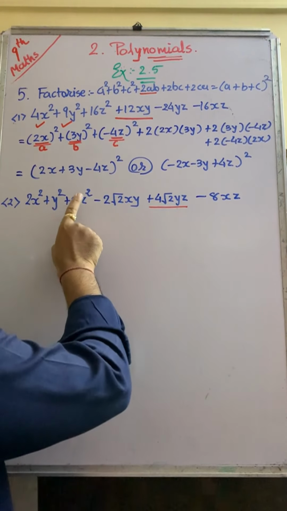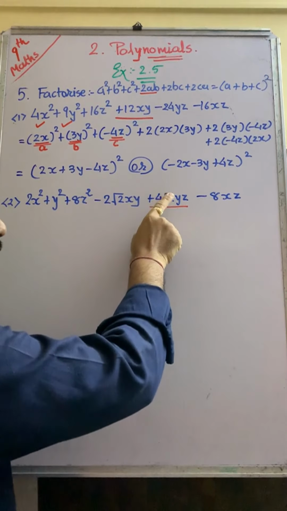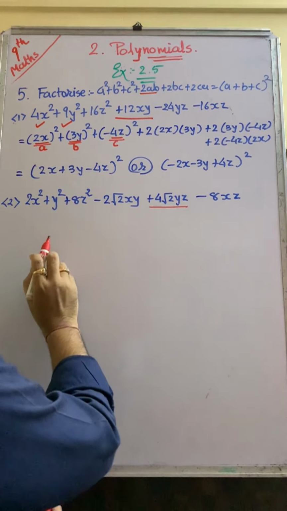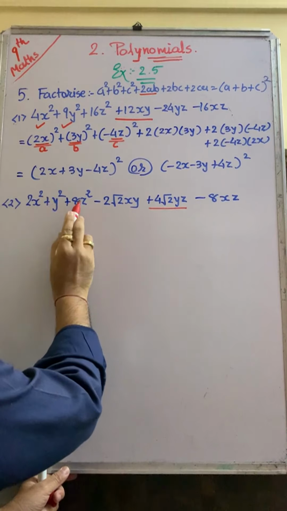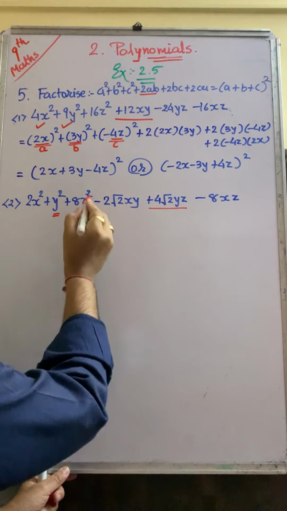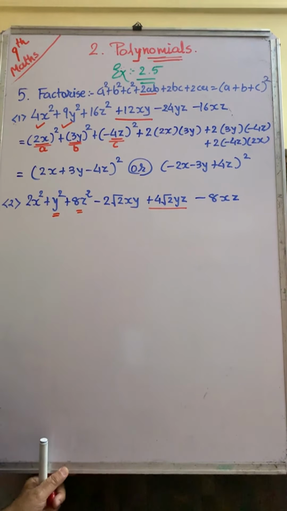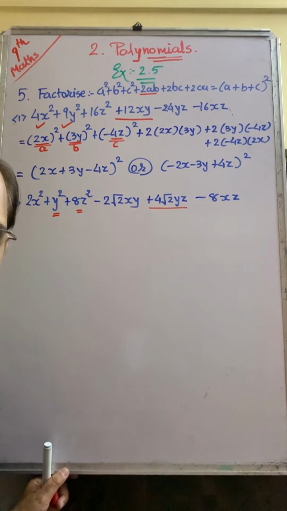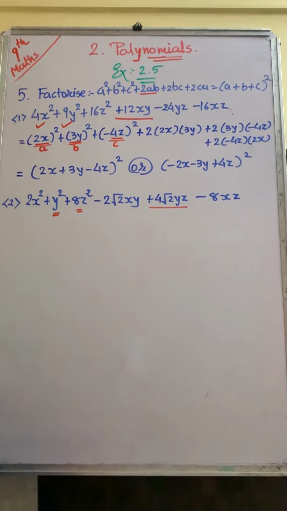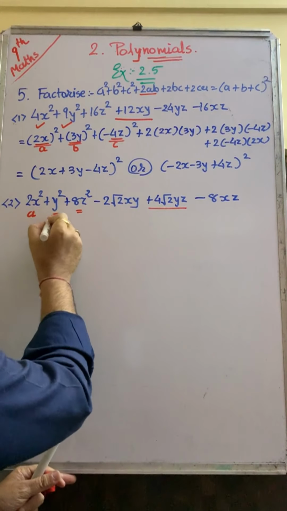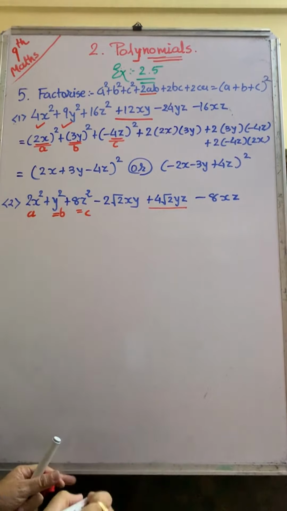a square plus b square plus c square plus 2ab plus 2bc. This is bc. So consider this is A, this is B and this is C. So we take B and C positive, and the first term we consider negative. Now see, this is your A term, B term, C term.